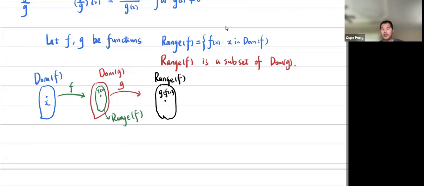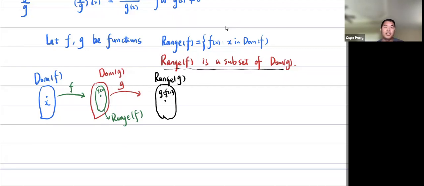If this happens, you get a new function from the domain of f to the range of g, right? That's a typo there. So range of g here.